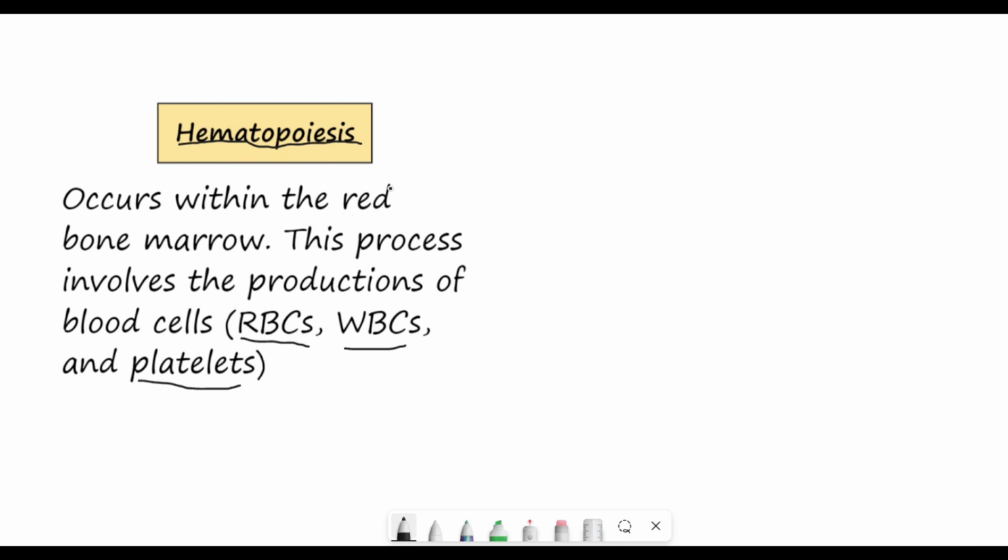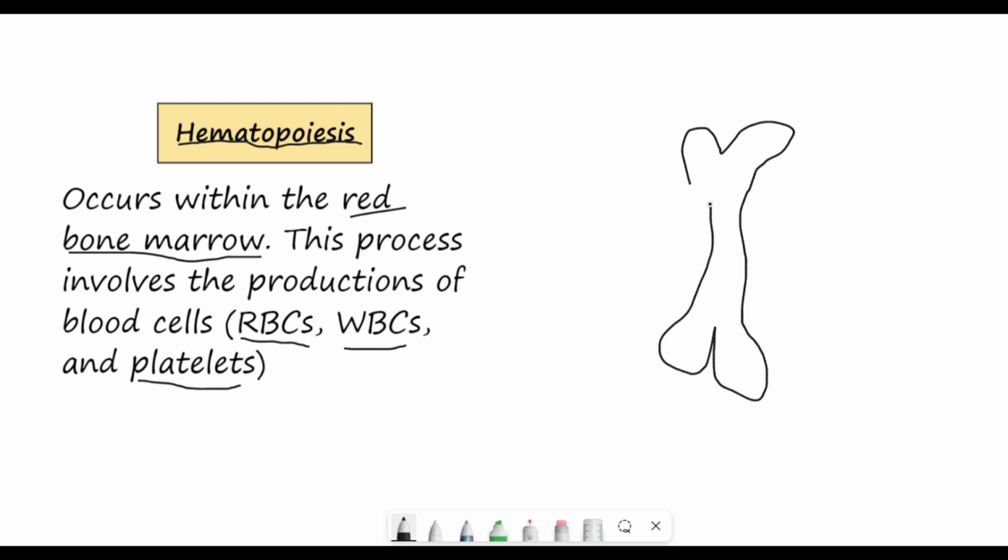So hematopoiesis is going to occur in the red bone marrow, which is typically by the spongy bone of a bone. So if I draw this horrific bone again, I'm going to try to get a pen soon, guys, don't worry. So I said last time that your yellow bone marrow is going to be in this shaft here, which is your diaphysis, and we'll go into that more later.